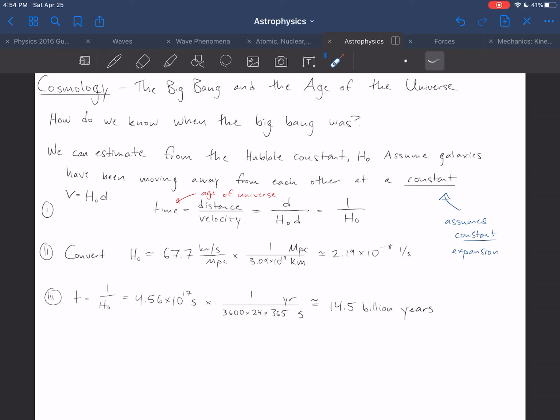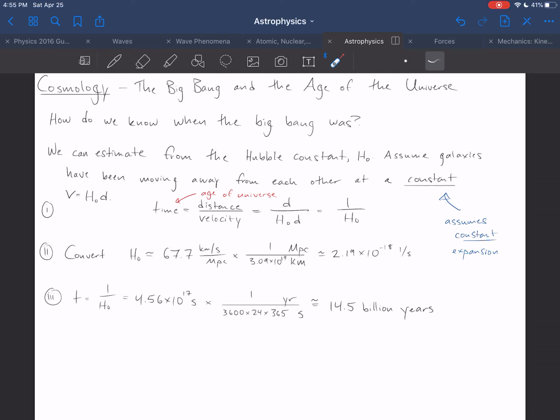To do that, we take H naught about equal to 67.7 kilometers per second per megaparsec and divide by the number of kilometers per megaparsec. This cancels out our kilometers and our megaparsecs and gives us a value for H naught of 2.19 times 10 to the negative 18 per second.